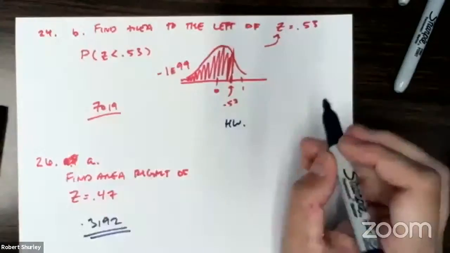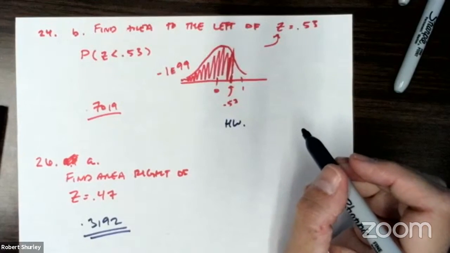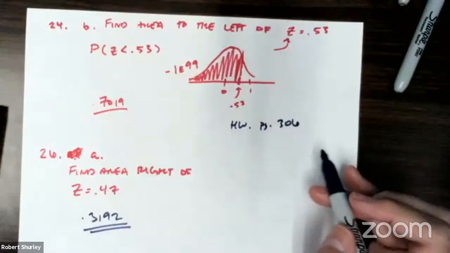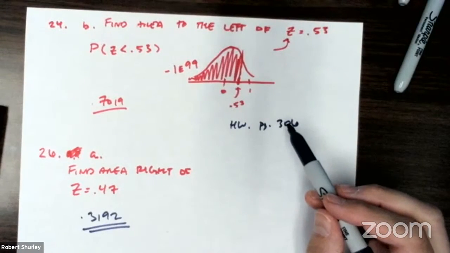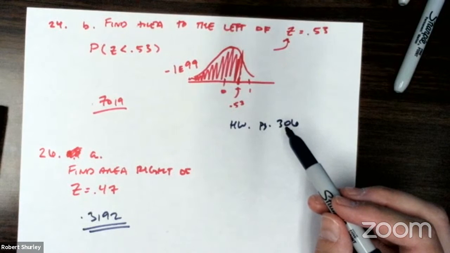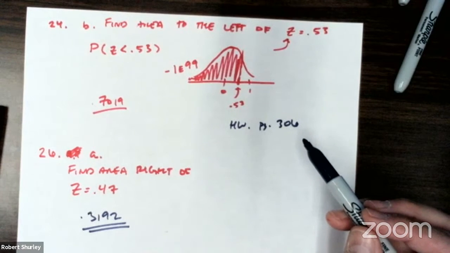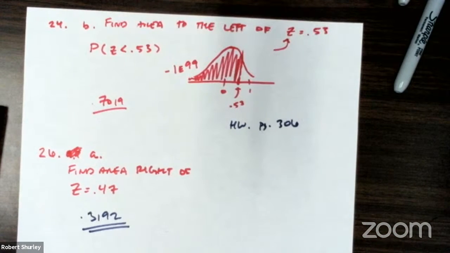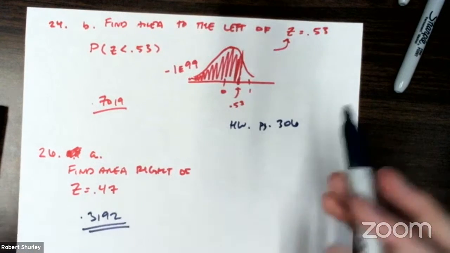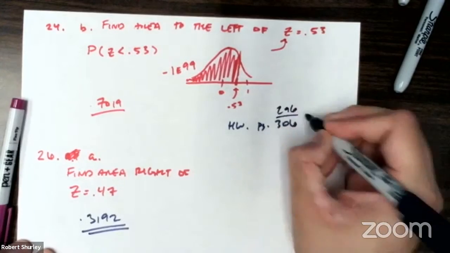For homework, it starts on page 306 for the actual homework. The understanding is before that. So let's start with the understanding, which starts on page 296. This is where number 1 starts.